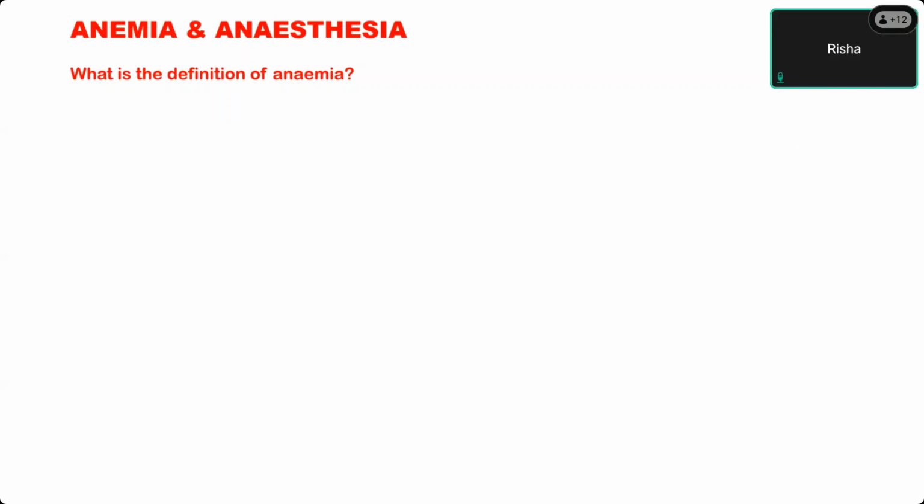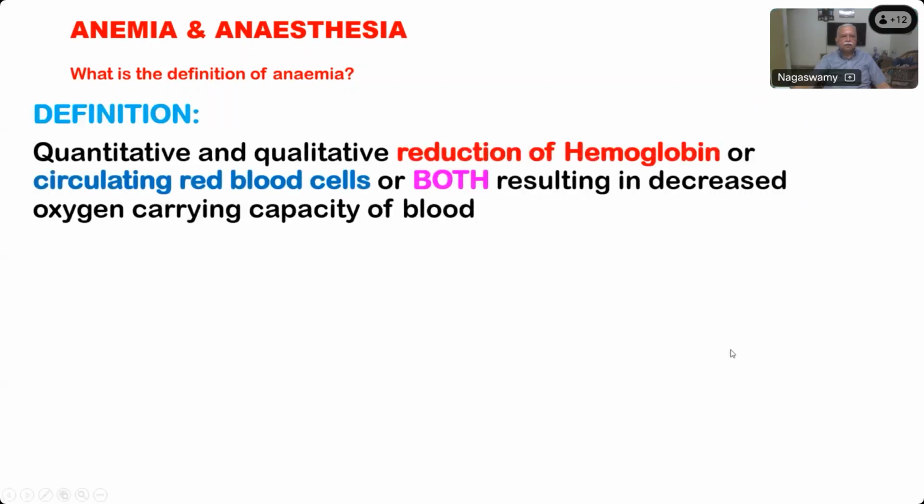So it is the quantitative and qualitative reduction of hemoglobin or circulating red blood cells or both. So you can have a reduction in hemoglobin alone with a normal RBC count. When will you have a normal RBC count but a reduction in hemoglobin?